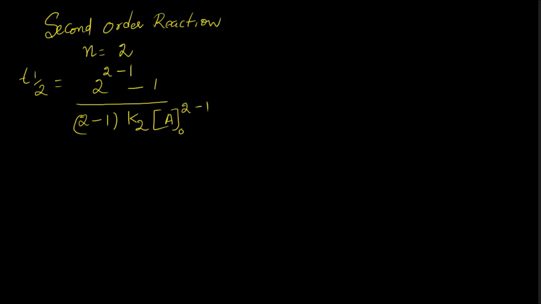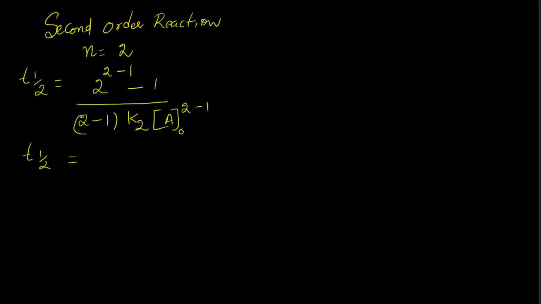That is 2 power 2 minus 1 minus 1, by (2 minus 1) k2 a naught power 2 minus 1.